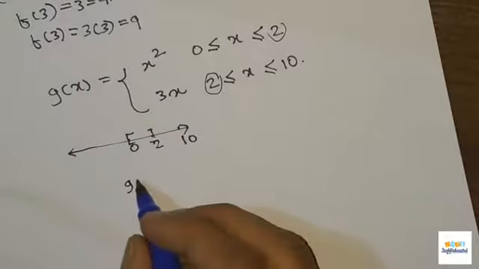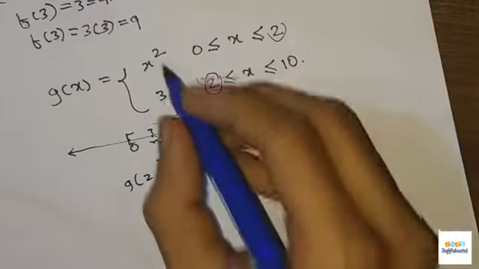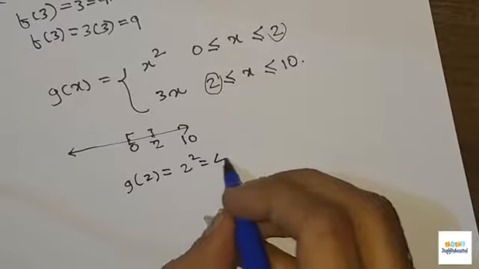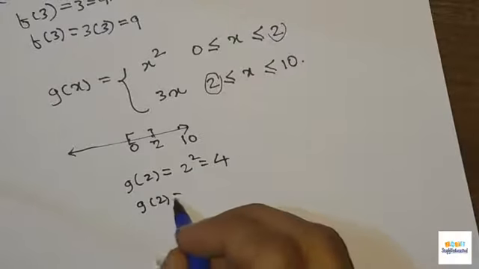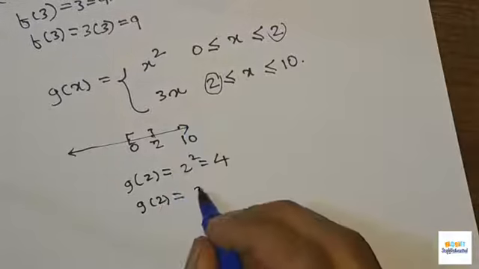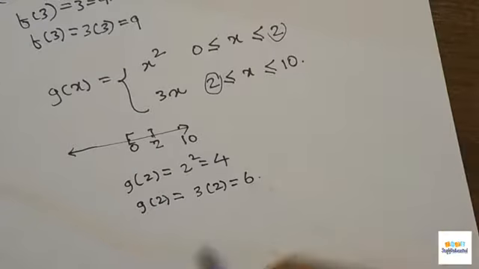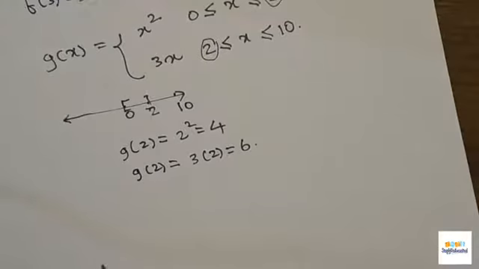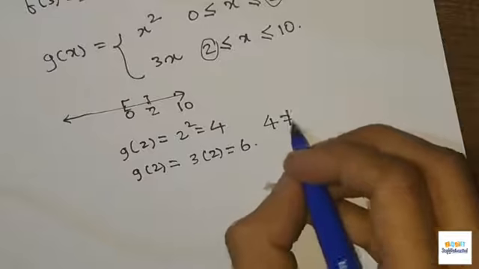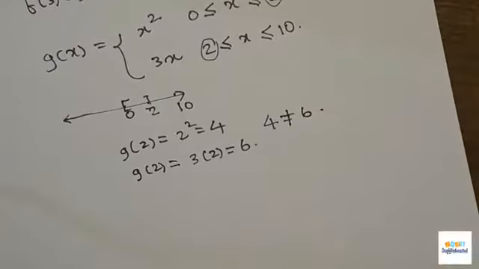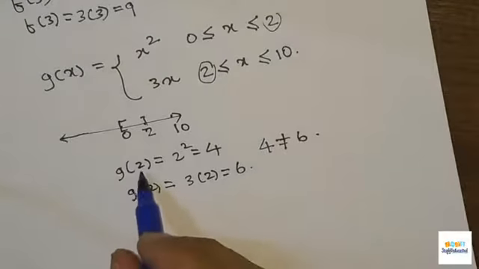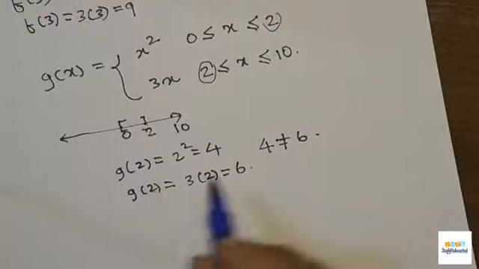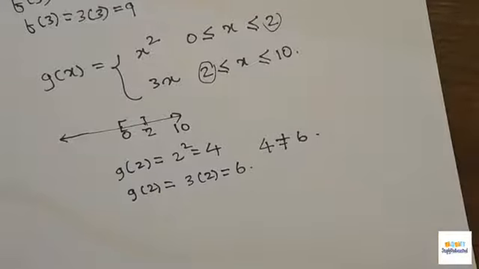So g of 2 from the first definition is what? 2 square equal to 4, and g of 2 from the second definition is 3 multiplied by 2, which is equal to 6. So you can see that 4 is not equal to 6. So this relation takes the value 2 to two different values, 4 and 6.